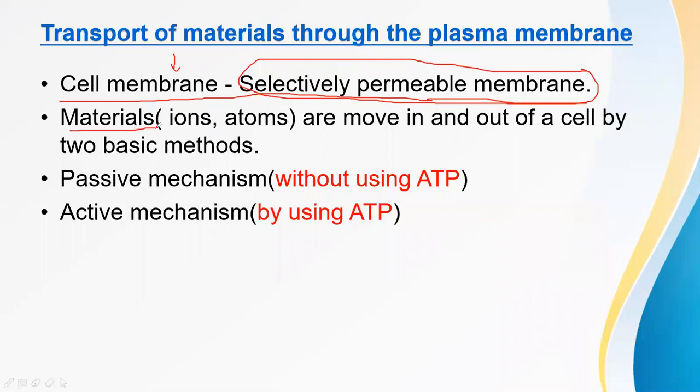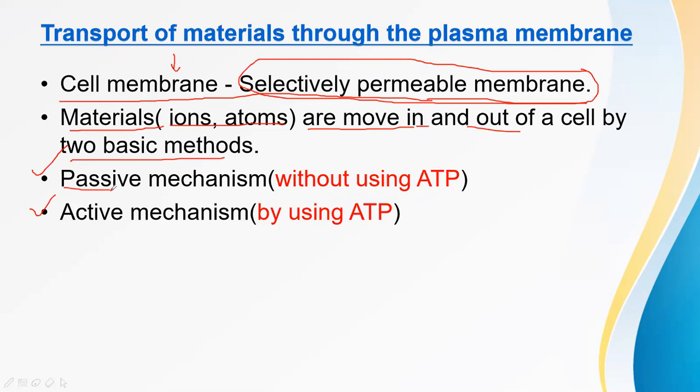These materials, ions, atoms, sometimes water molecules, are moved in and out of a cell by two basic methods, which explain the movement of these materials in and out of a cell. Those methods are, one is the passive mechanism and the second one is the active mechanism.